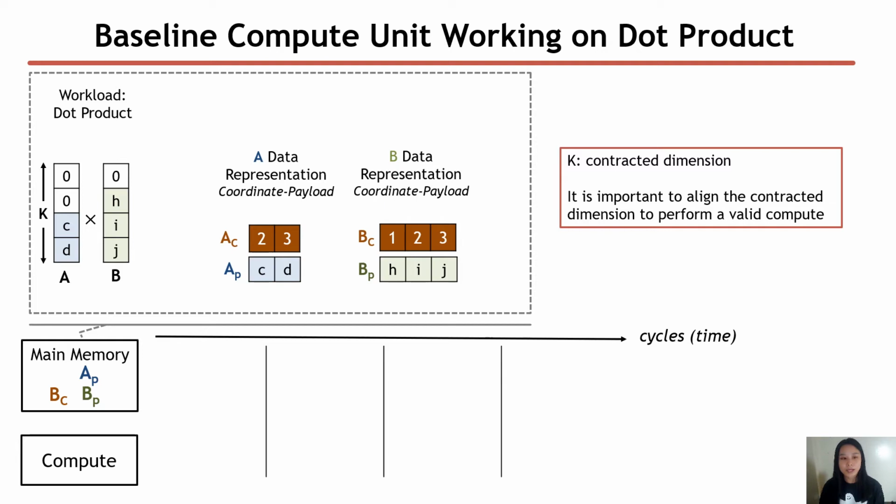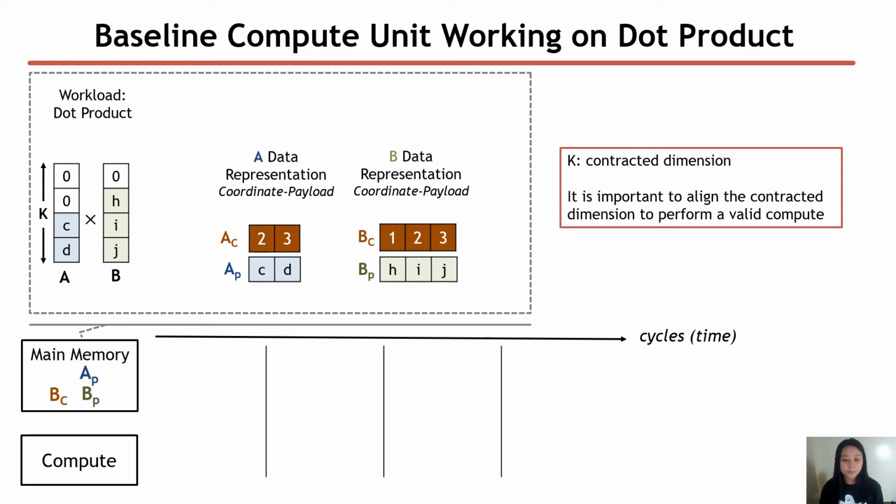So now let's look at an example of how this compute unit works in a baseline case. Again, we're working on a dot product with A representing coordinate payload, and B also representing coordinate payloads. Of course, we need to store both the A and B payloads in main memory as well as the coordinates.